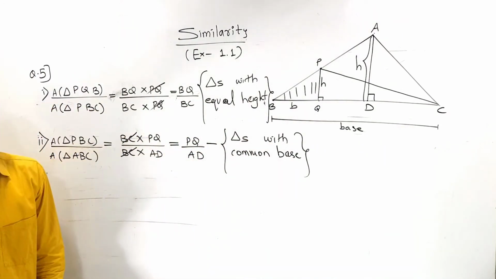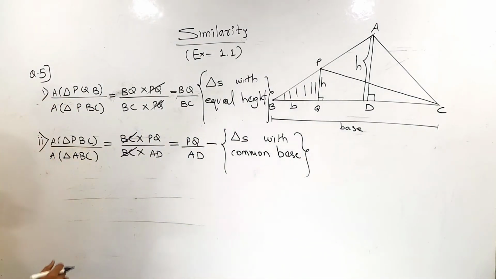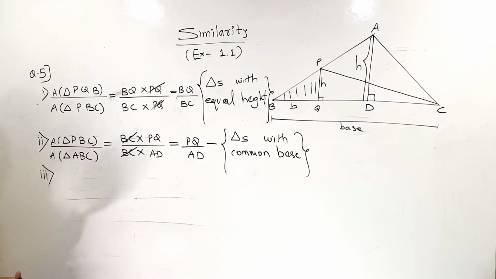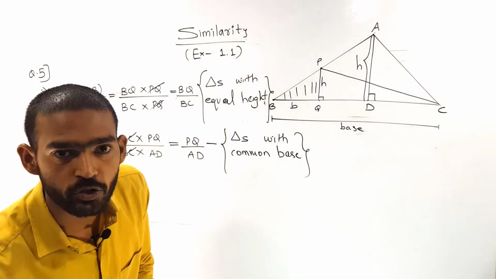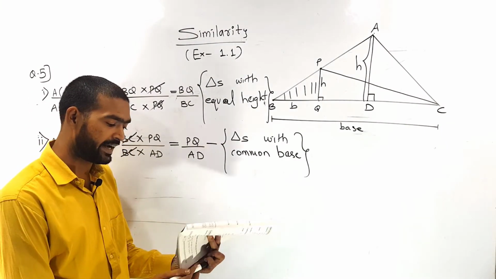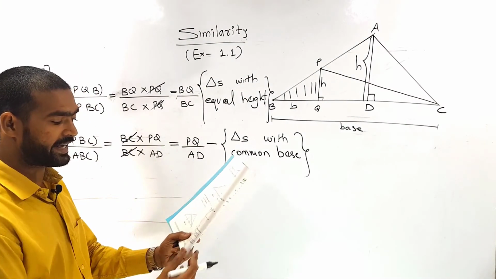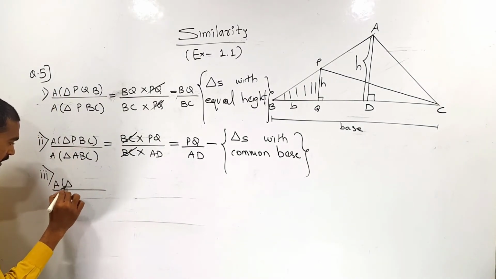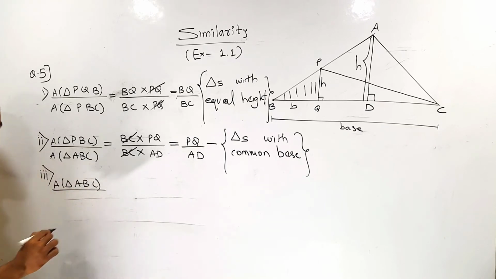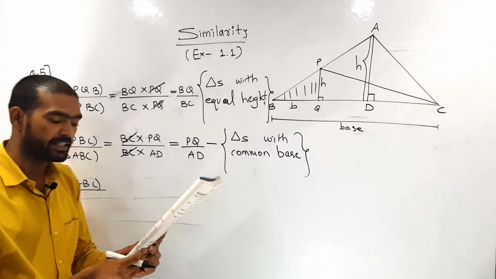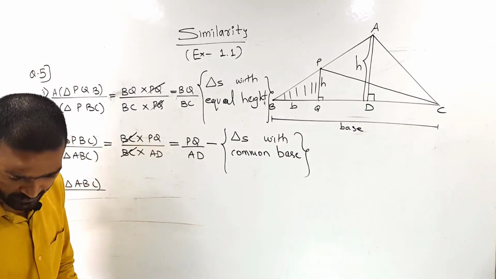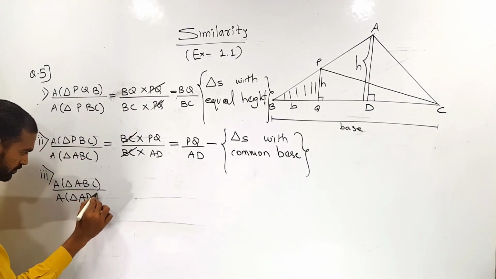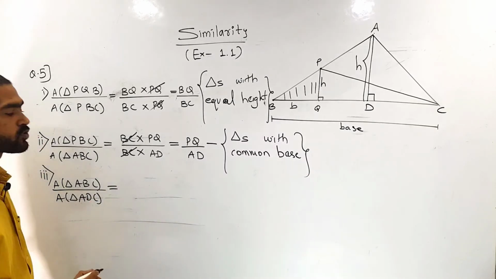Clear this much, students? Okay, now we'll see the third sub-question. Let's check what the third question is. The third question says that we need to find area of triangle ABC upon area of triangle ADC is equal to.